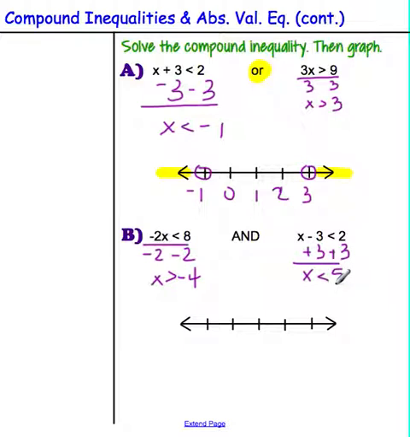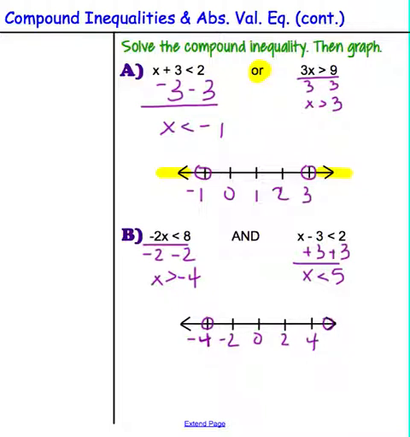Now, because these are kind of far apart from each other, I'm going to do -4, -2, 0, 2, 4. And I've got an open circle at -4. And I've got a closed circle at 5, which I'm going to put right out here.